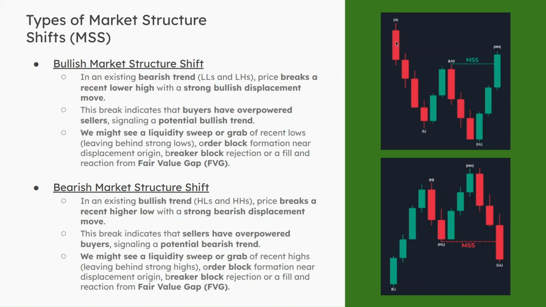So basically, this is an example of a bullish market structure shift where we are in a clear downtrend and we have a recent low and price forms a lower high, but then price sweeps this recent low, forming a lower low, and after the sweep of this recent low, price gains momentum to the upside, has strong bullish displacement, strong enough to close above this lower high, forming a new higher high and thus creating a bullish market structure shift.